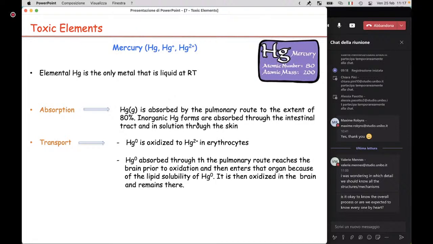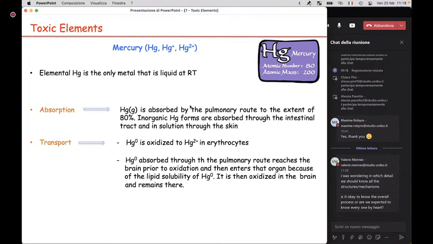Strangely for a metal, absorption through the lungs is quite important, quite strong. Up to 80% of mercury vapor can be absorbed through the lungs.